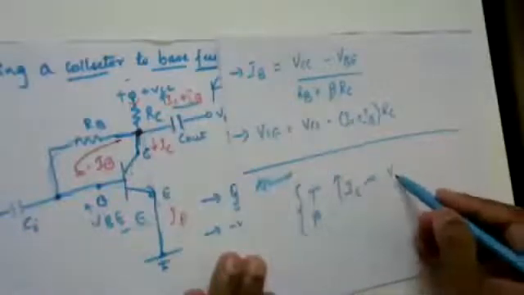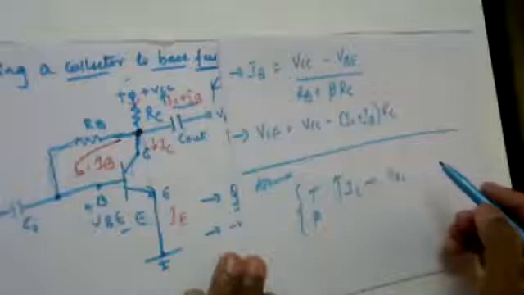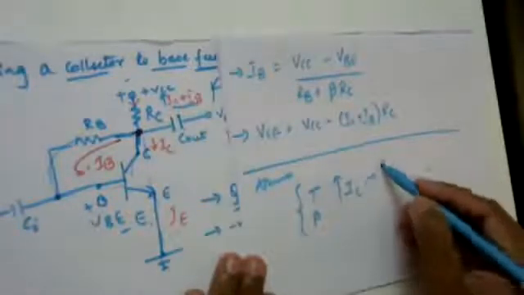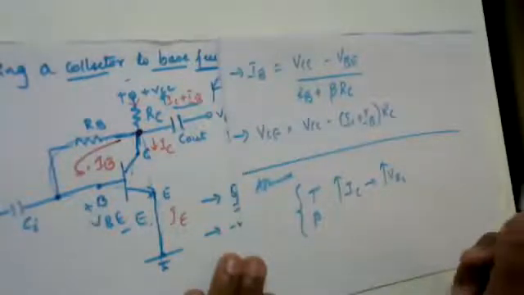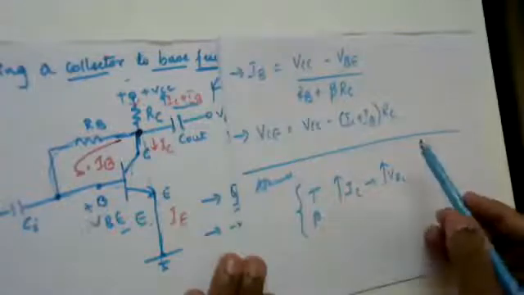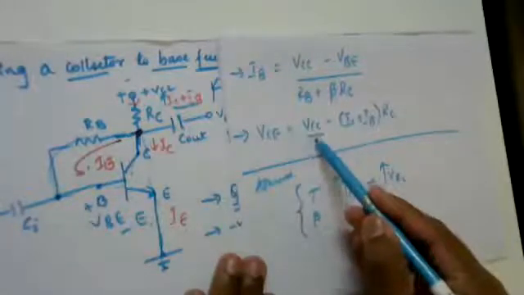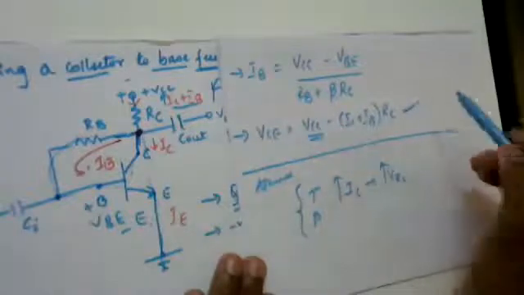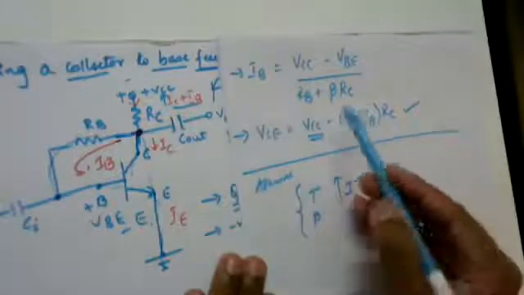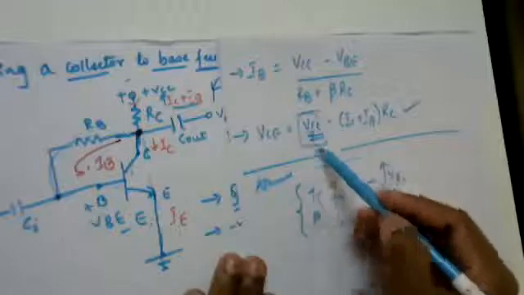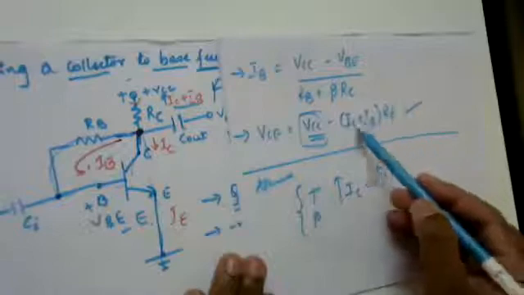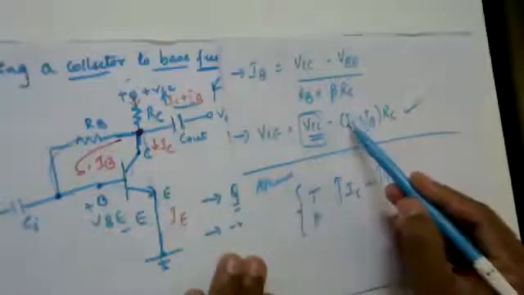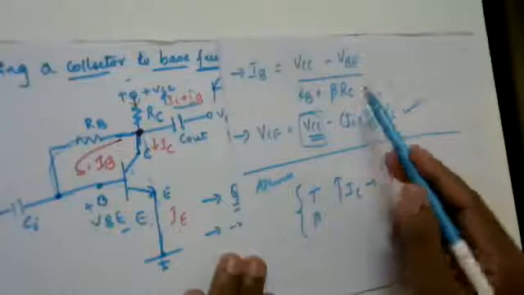The voltage drop across the resistance RC also increases. Now since the supply voltage is constant, you can see this second equation. Since the supply voltage is constant, this cannot alter. IC into RC drop is increasing.